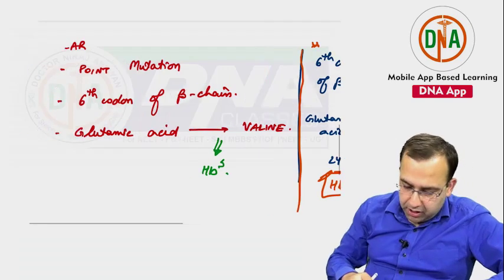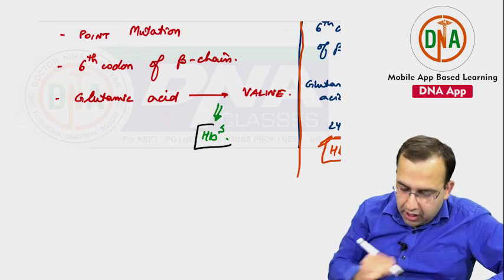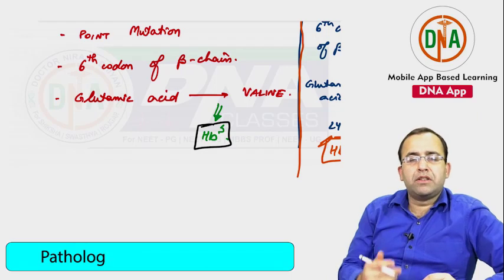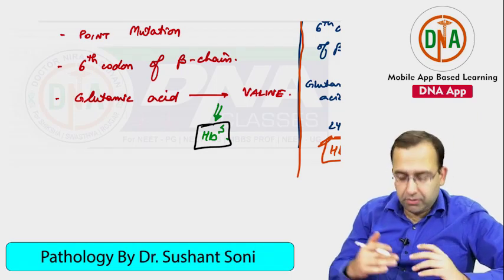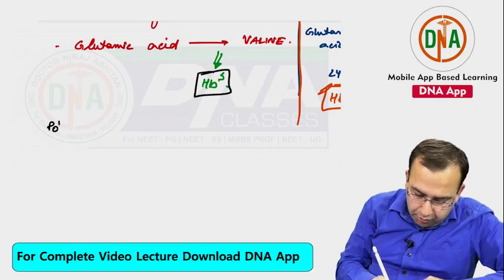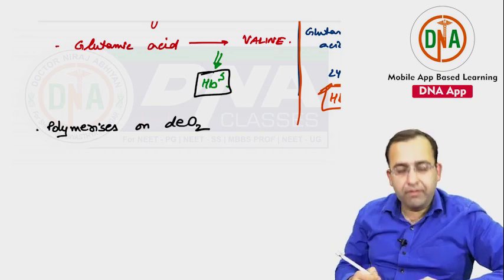Next point. Let us come back to HbS. Even if glutamic acid is replaced by valine, leading to the formation of HbS, what is the problem? The problem is hemoglobin S polymerizes on deoxygenation.